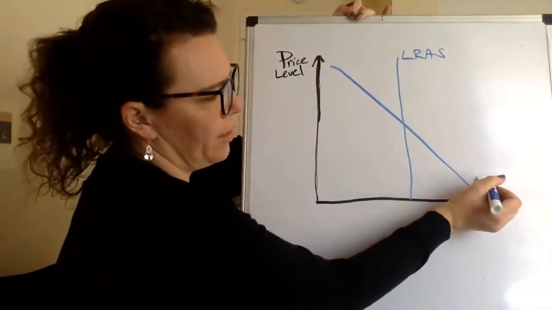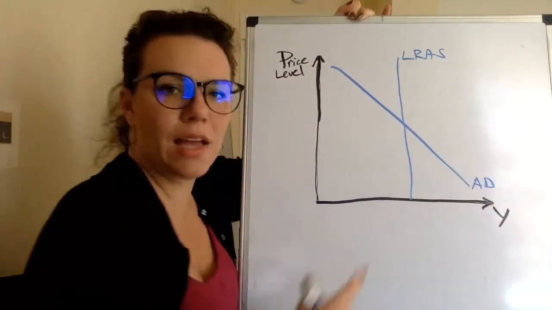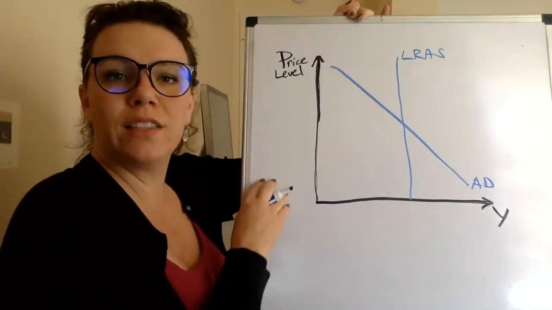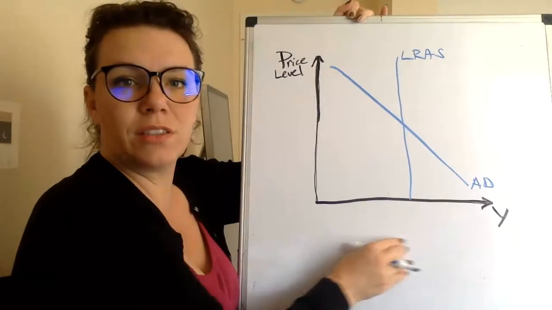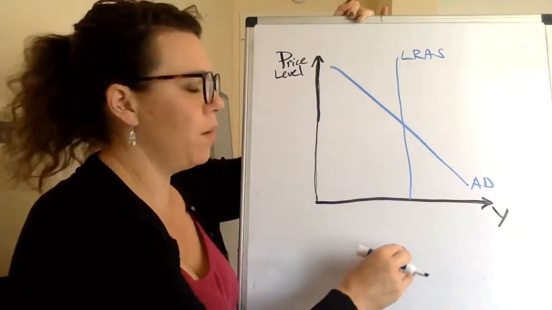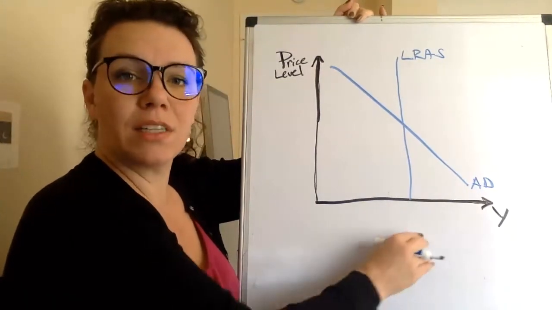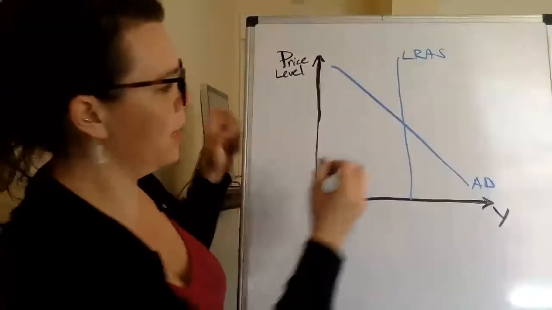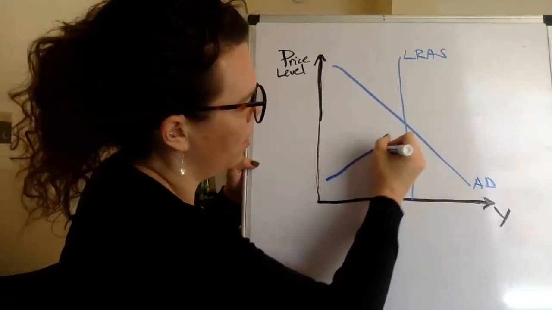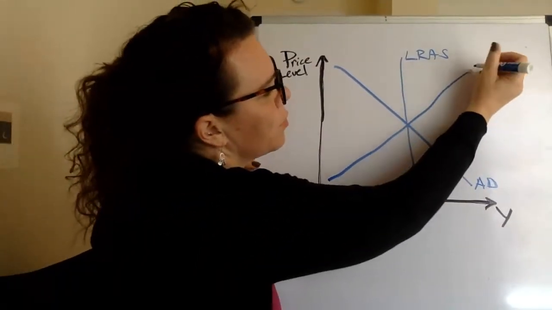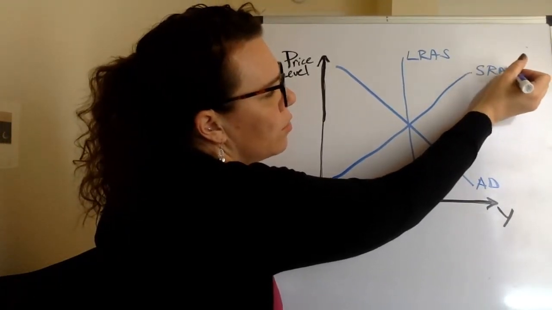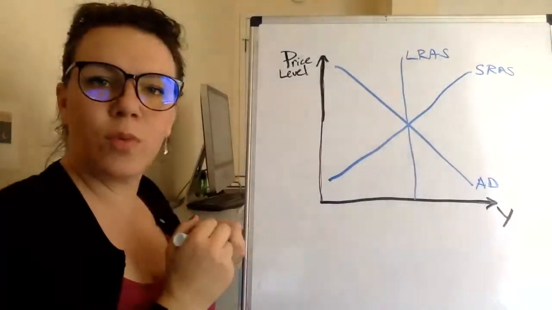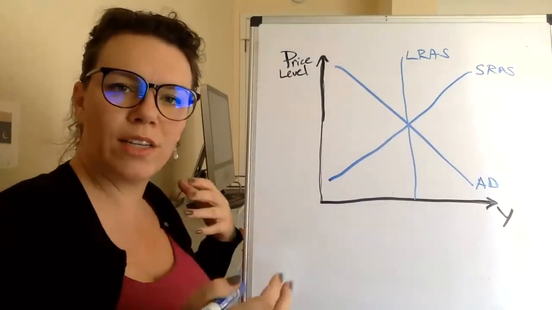Remember, downward sloping aggregate demand comes from the reality that as the price level goes up, consumers are going to demand fewer goods, companies are going to do less investment spending, and we're going to see net exports fall. And then we have upward sloping short run aggregate supply, and that's because of the three theories that explain why prices adjust more slowly.